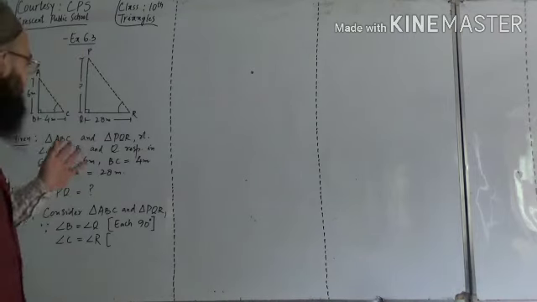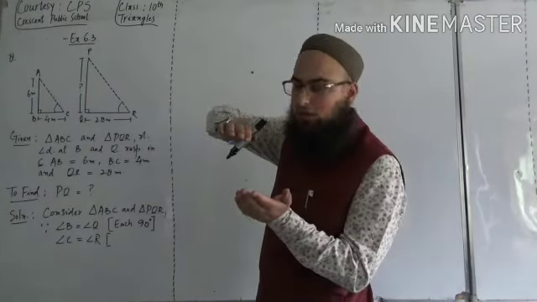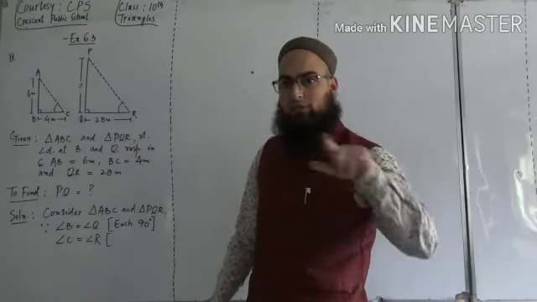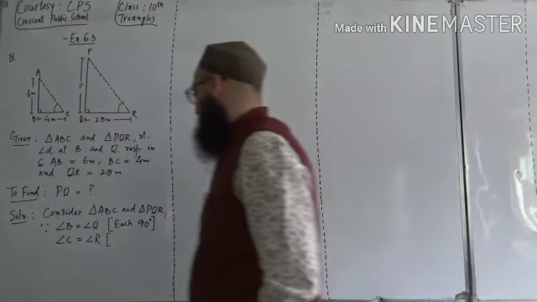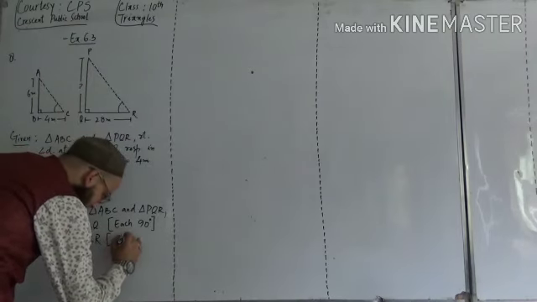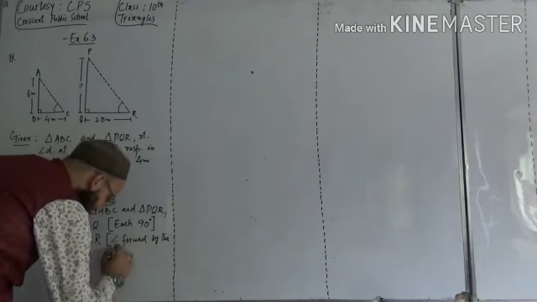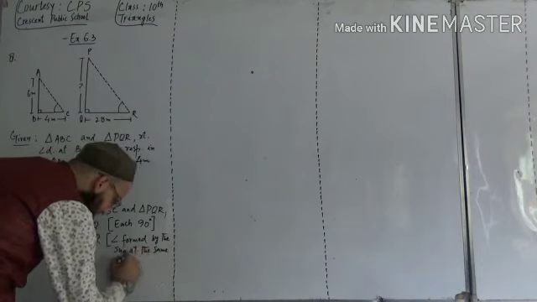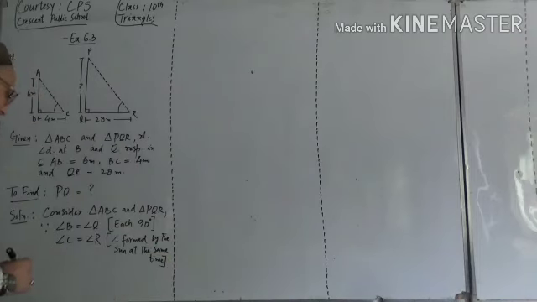Sorry, shadow is not equal, it's my fault. The angle formed between the rays and the shadow, that will be equal. So this angle is equal to this angle. So angle C is equal to angle R. So this is the angle formed by the sun at the same time.